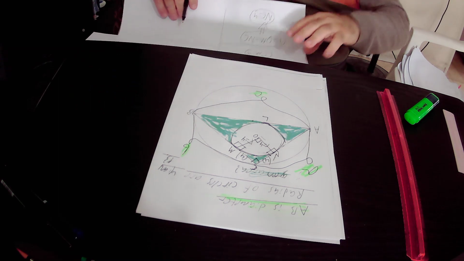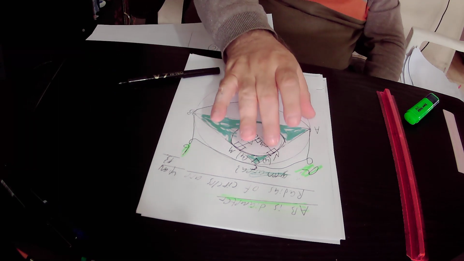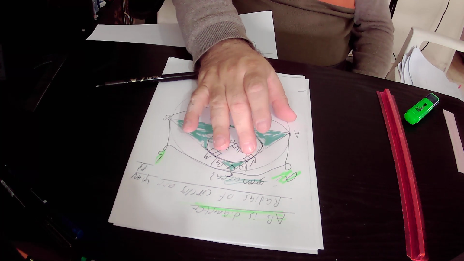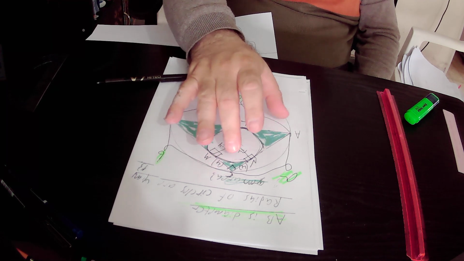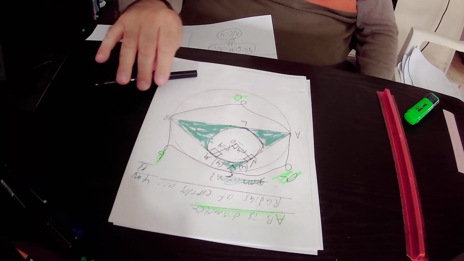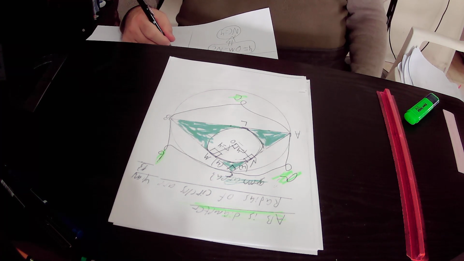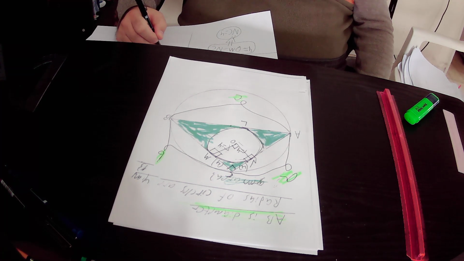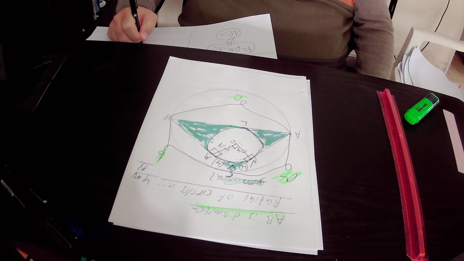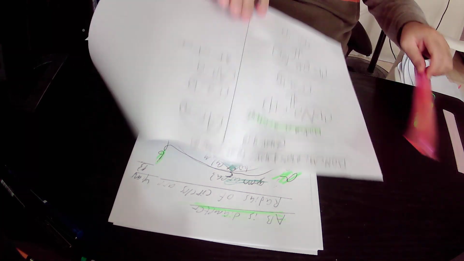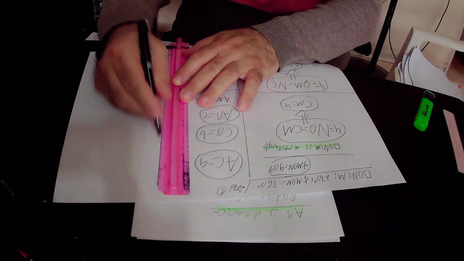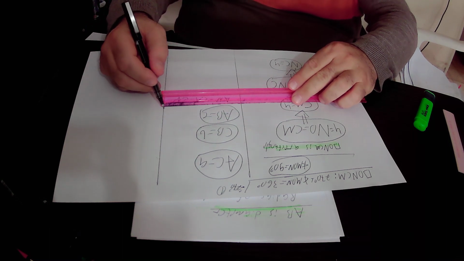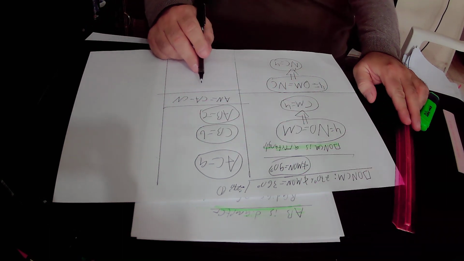So, what is the length of side AN? From the drawing it is very easy to see that AN equals CA minus CN.